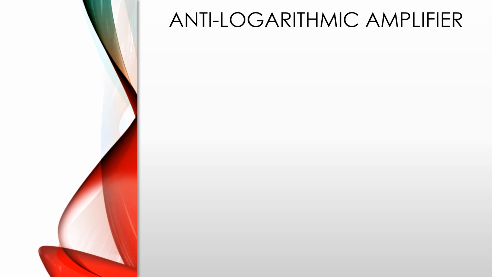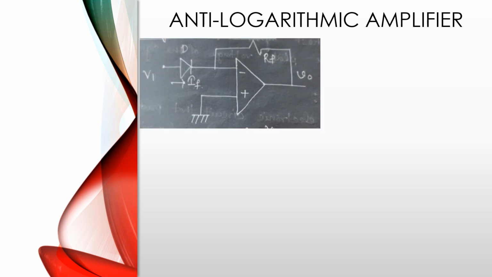So, what is the anti-logarithmic amplifier circuit by using an op-amp? This is the anti-logarithmic amplifier circuit by using an op-amp. This is the basic circuit. If we compare with the logarithmic amplifier circuit, we can easily see that here the input parameter is diode and the feedback parameter is resistor.